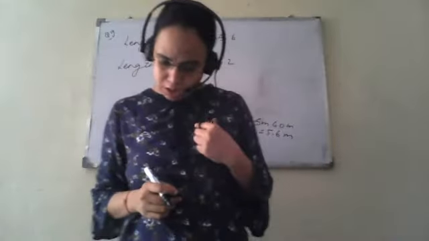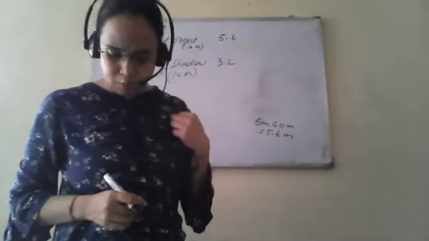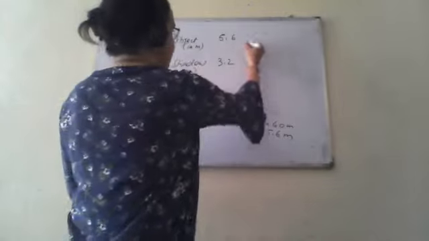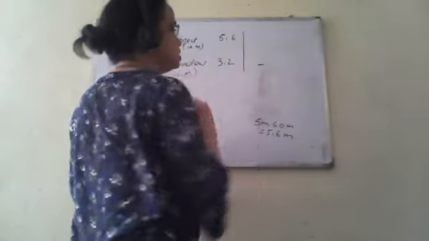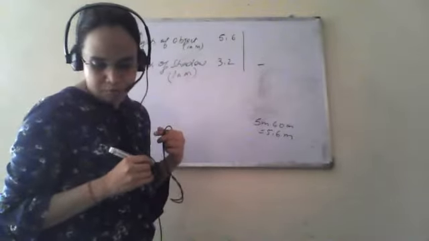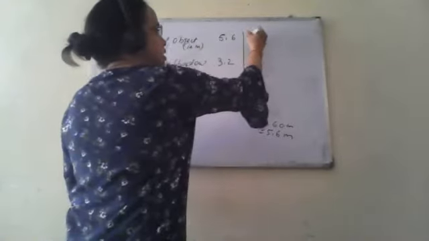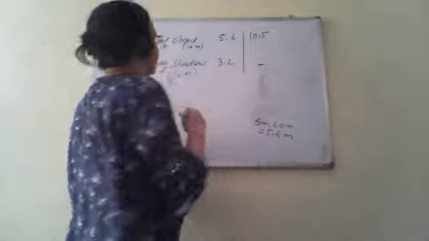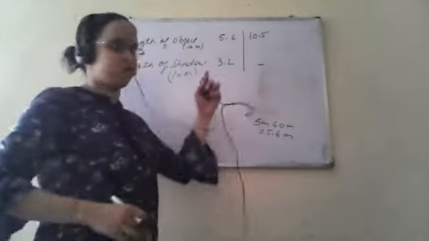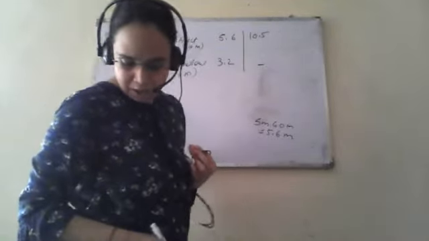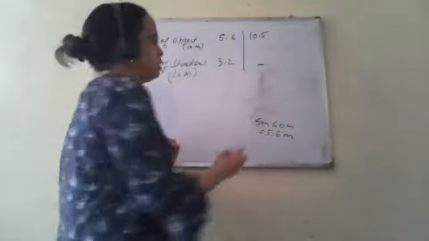In the second case, we have to calculate the length of shadow cast by another pole, and the length of object is given as 10 meter 50 centimeter high, that is 10.5 meters. Length of object in the second case is 10.5 meters, and in the next part it is the height of the pole which casts a shadow 5 meter long.